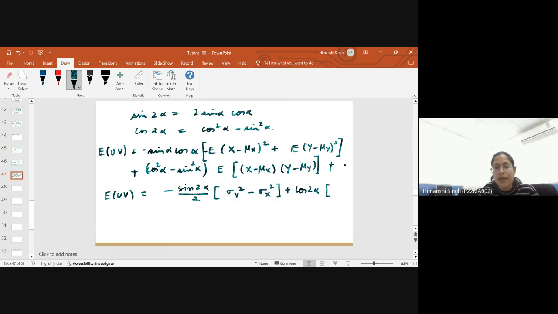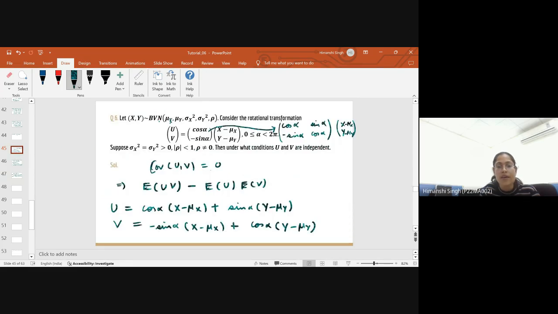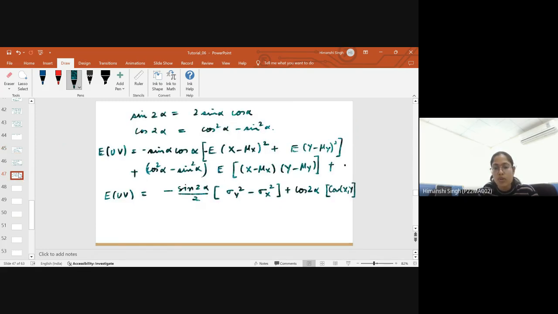Expected value of x minus mu x into y minus mu y. This is basically covariance between x and y. Now in the question it is given that x and y follow a bivariate normal distribution. For bivariate normal distribution, we know that covariance is sigma x sigma y into rho. So we will put those values here.